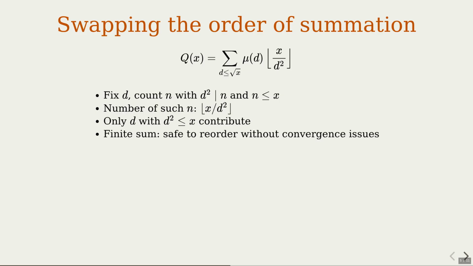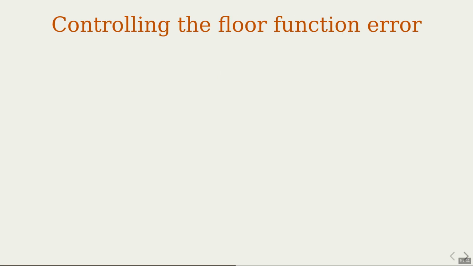Since there are only about square root of x different d values, the sum is finite and changing the order does not affect the value. So now Q of x is a single sum over d, which seems much easier to approximate than the original double sum. The floor function is close to ordinary division, and the difference will create our error term.